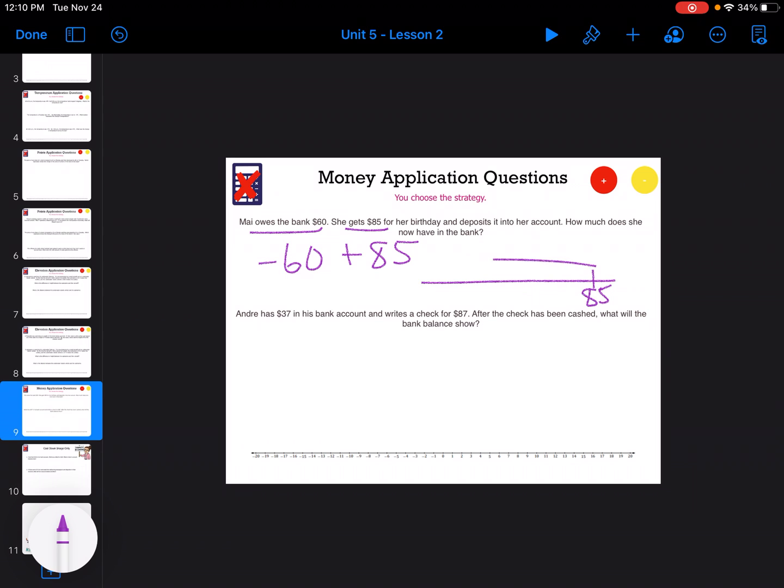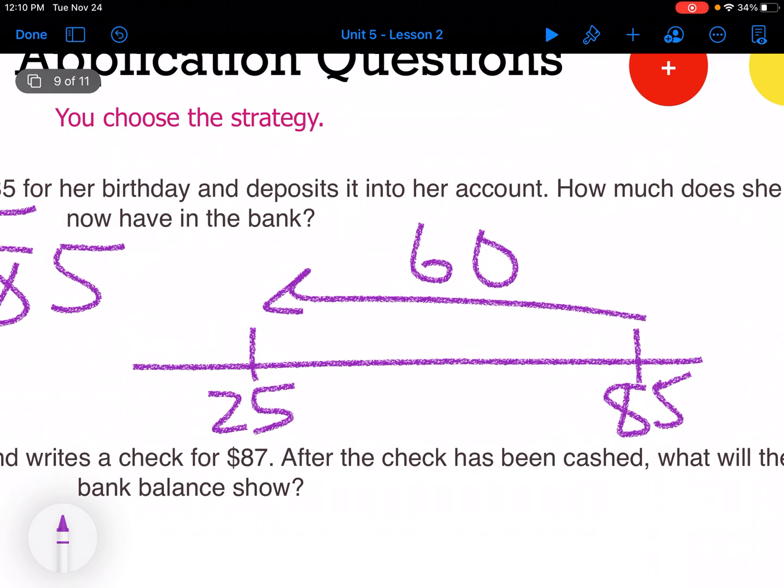And I go in the negative direction 60, so that's like subtracting 60, I'm going to end up at 25, and it's still going to be positive because I didn't make it all the way to 0. It would have to be negative 85 to make it to 0. So how much does she have? $25.